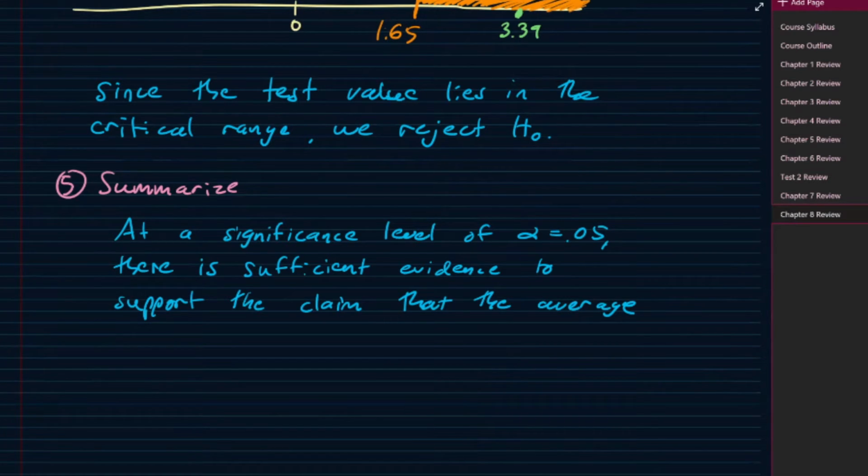The mean of their ages in a hospital for doctors. To support the claim that the average age of doctors in that hospital is greater than 46.